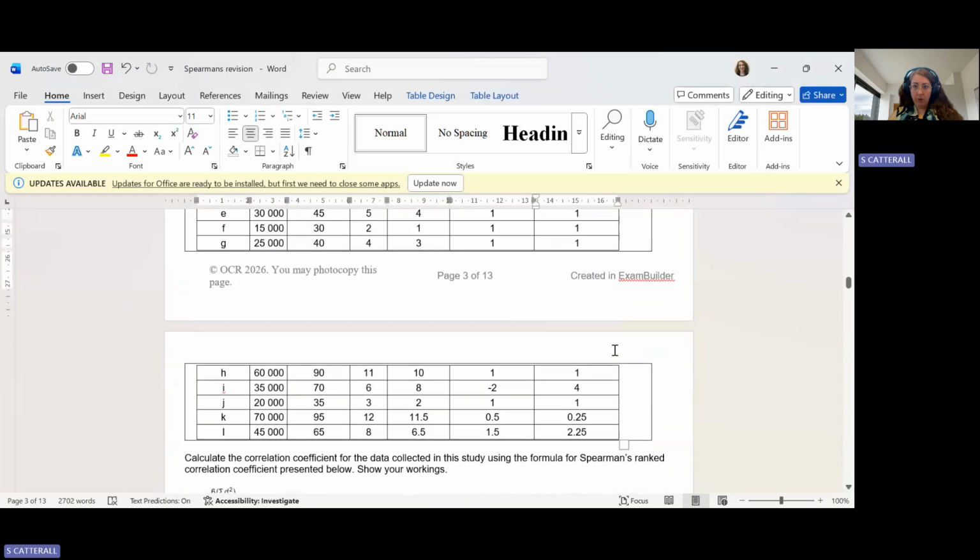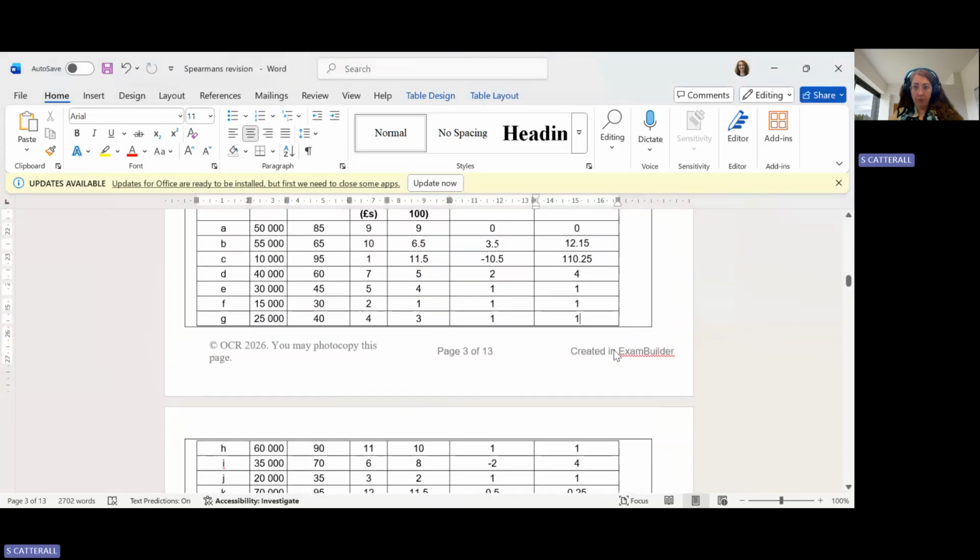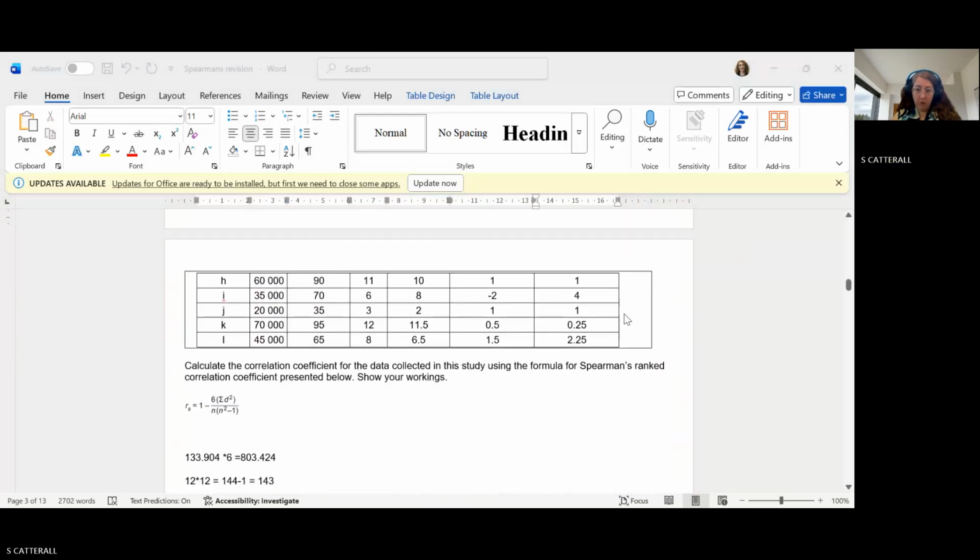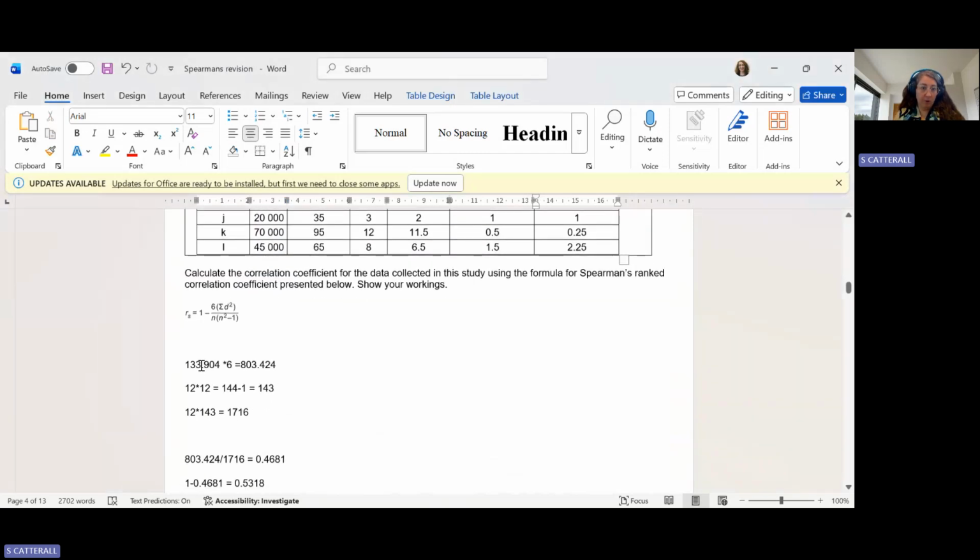So then maybe there's an issue with how I added it up. Let's get back on the calculator. We've got 12.25 plus 110.25 plus 4 plus 4 plus 5 plus 0.25 plus 2.25. So now I've got 137.9. Or maybe I just put it in wrong. So I did definitely add that up wrong.